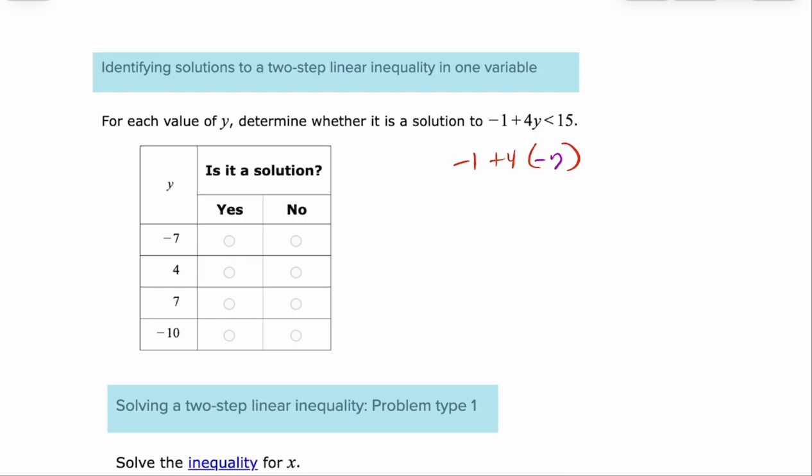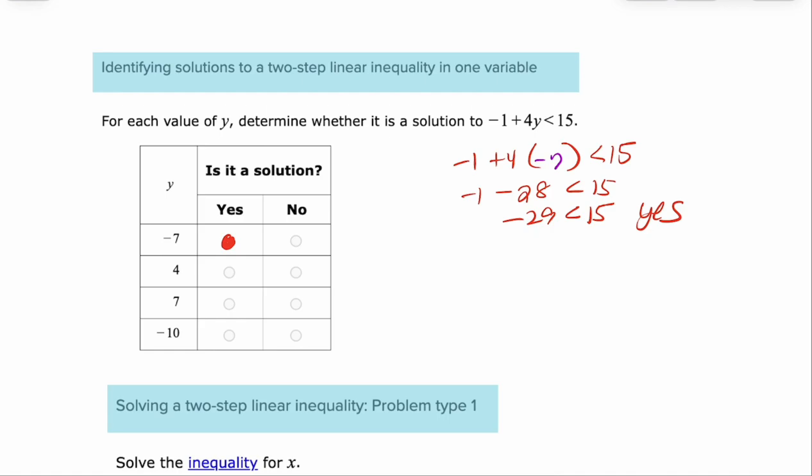And what they're asking is that a solution? Now, a solution means that if I use that value, it makes a true statement. So just do the math. -1 plus 4 times -7 is really -28. And -29 is less than 15, yes. So that one's a yes.